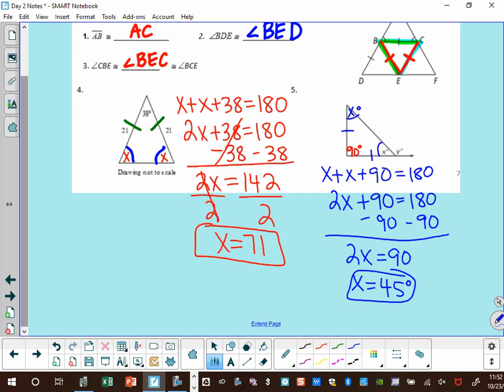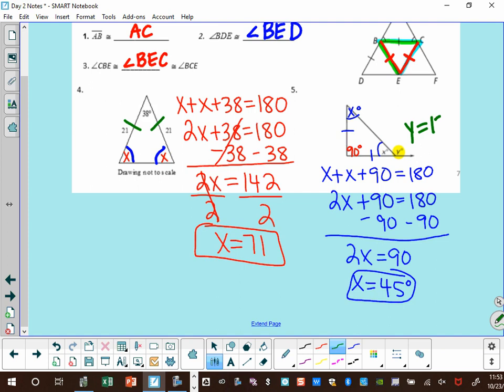If X is 45 degrees, what is Y going to be? Think about your vocab. No, that's a linear pair. A linear pair is two angles that add up to what? 180. So do 180 minus 45 to give me Y. 135.